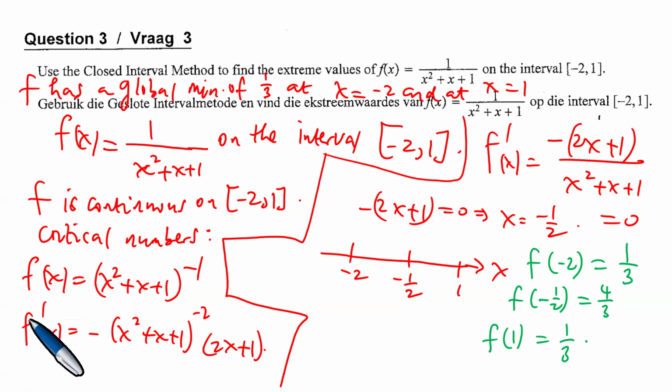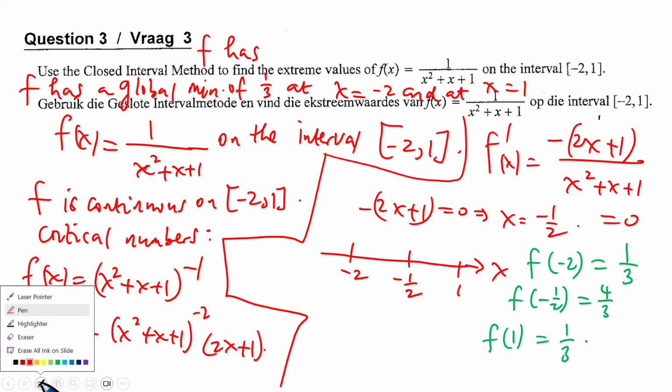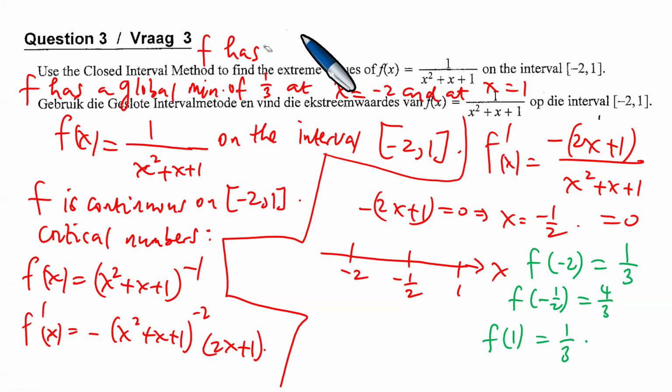Next, f would have a global minimum because now you're able to see that the 1/3 within this interval is the global minimum.